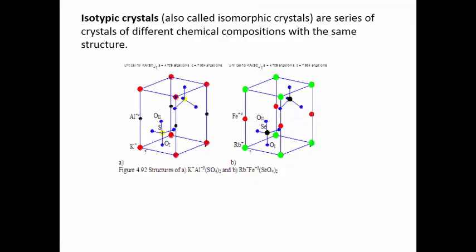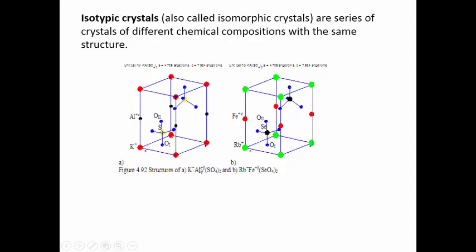Now, we also find that there are a lot of crystals that are pretty similar, and so once you find a series, you can get one and then calculate some of the others. For example, on the left is potassium aluminum disulfate, and so the potassiums are the reds, and on the right is the rubidium iron selenate, and we can see that these have a sort of 1-to-1 here.